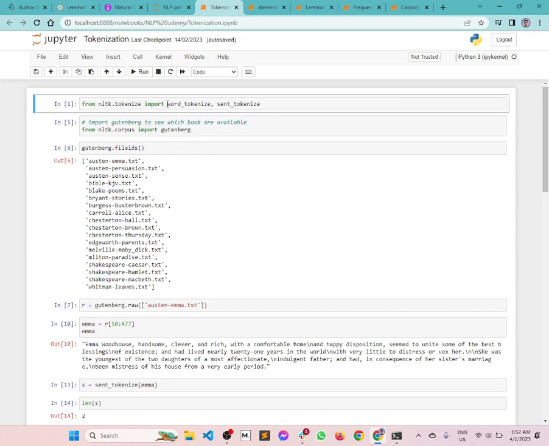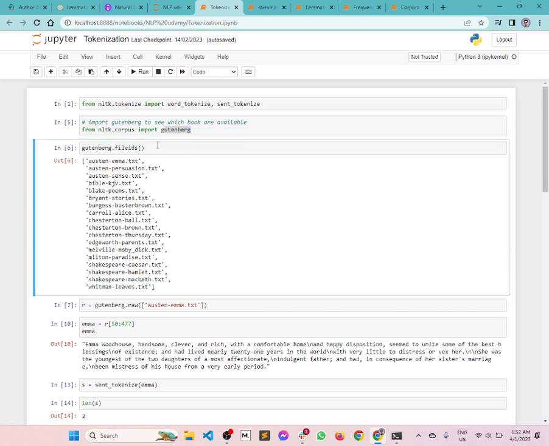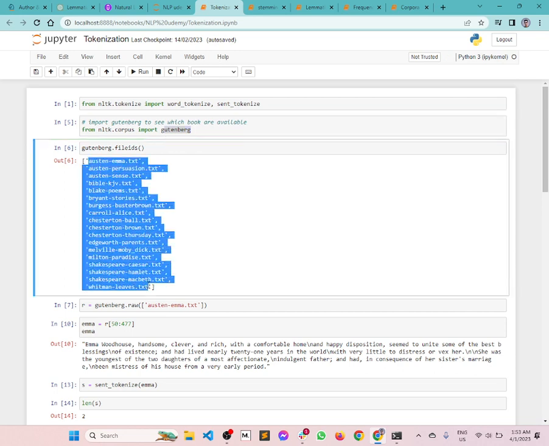That's why we are introducing word tokenization and sentence tokenization in this particular task. And we import Gutenberg to see which books are available. Then we see that these books are available in Gutenberg.